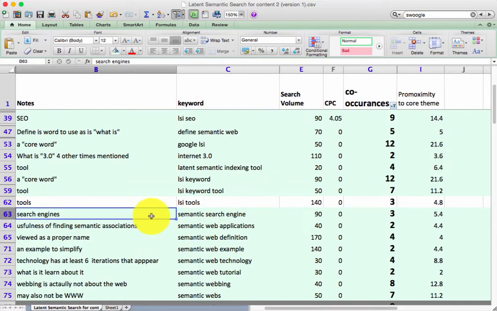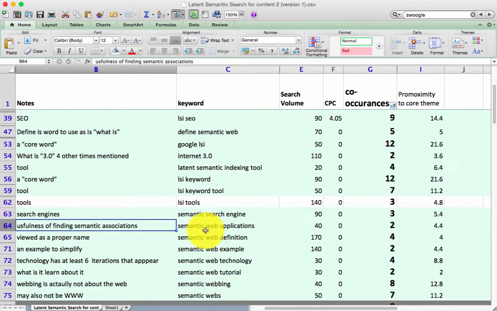Search engines, I think it's important to notice that the idea of search engines is appearing in a number of places, and that we should talk about how searching for semantic associations is related to how searching with a search engine in general functions. So mentioning some of the similarities of how an algorithm looks at documents out on the web, for example.